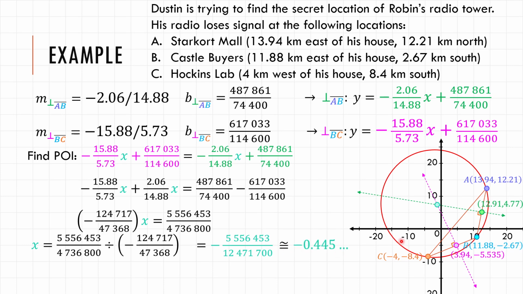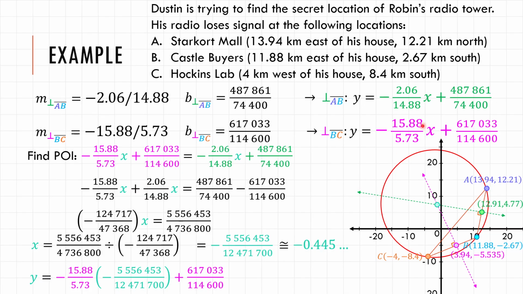Remember that the whole point of me doing all of this is to find the x and y coordinates of Robin's radio tower. So now that I'm at the end, it's not a bad time to actually think about rounding my values, because this is my final answer. Of course, I still need a y coordinate, so I'm actually not going to use the rounded version of my x value. I'm going to use the exact value right here.